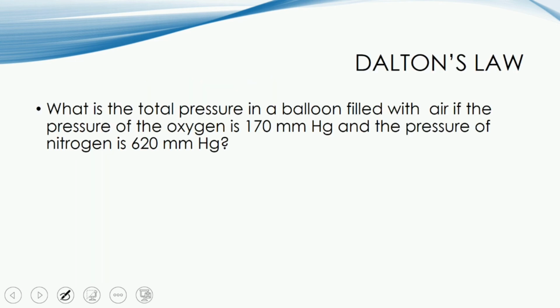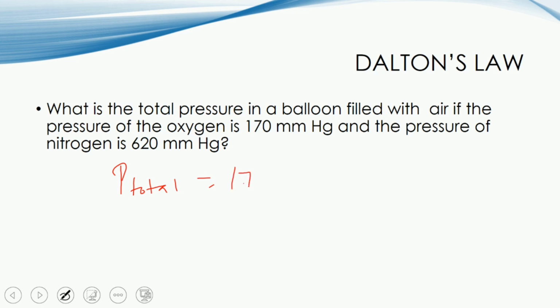Let's look at an example. What is the total pressure in a balloon filled with air if the pressure of the oxygen is 170 millimeters of mercury, torrs, and the pressure of nitrogen is 620 millimeters of mercury, also called torrs? So all we have to do is add, because we want to know the P total. We have to add the individuals.